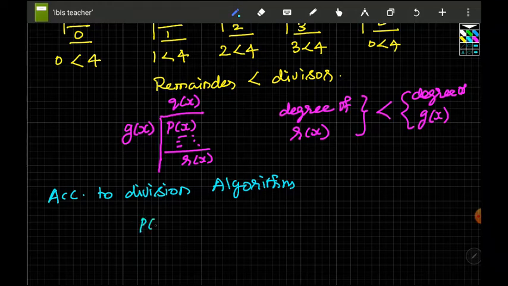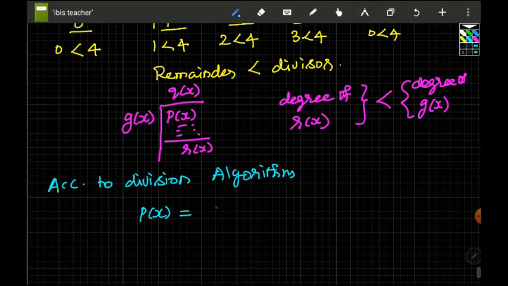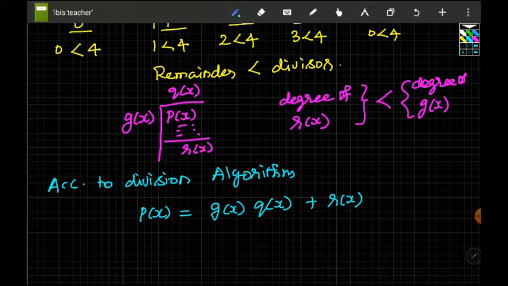Any polynomial can be written like this, the same way as divisor into quotient, which is 8, plus remainder, is 9, the dividend. In the same way, g of x into q of x plus r of x will give you the dividend polynomial, which is p of x.